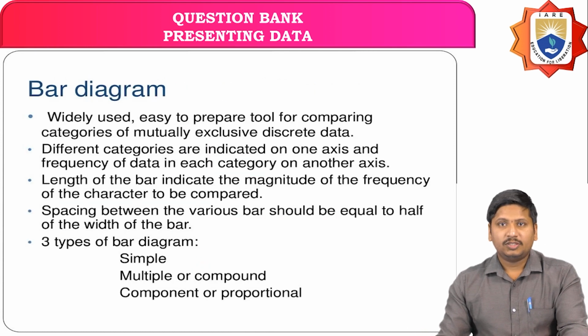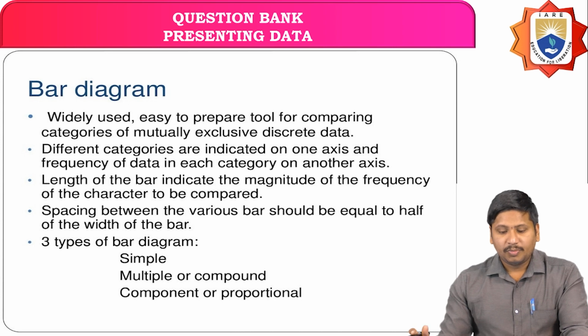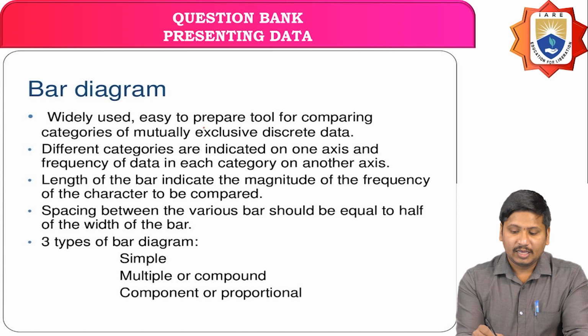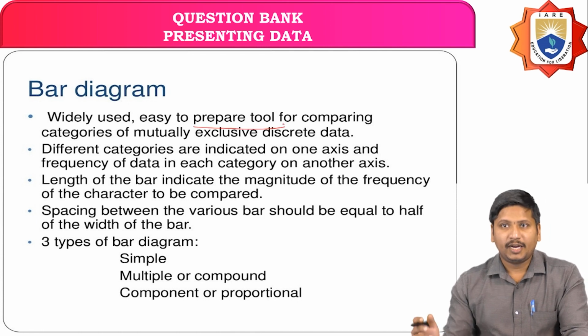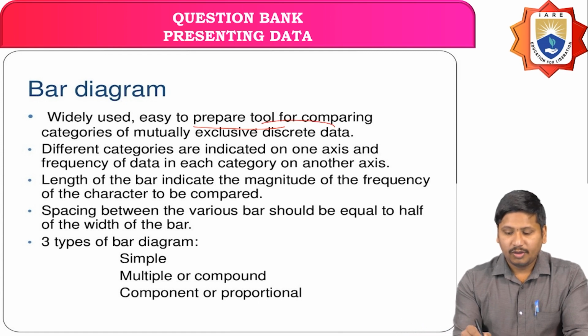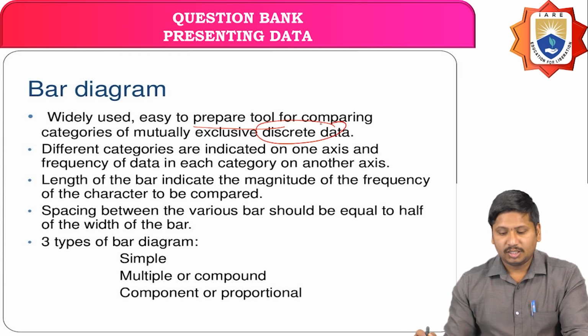So let's see the first one, the bar diagram. This bar diagram is going to be used widely, and it is very easy to prepare. It is a tool for comparing the categories of mutually exclusive data, that means discrete data. If I want to represent discrete data, this is the only tool available for representing that.